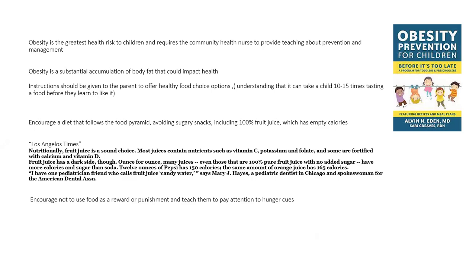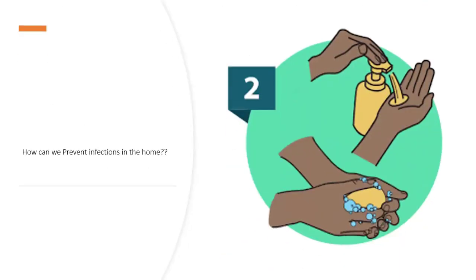We want them to pay attention to hunger cues and also get them on a schedule. But we don't want to use food as a reward or punishment. Avoid those 100% fruit juices. They are empty calories.